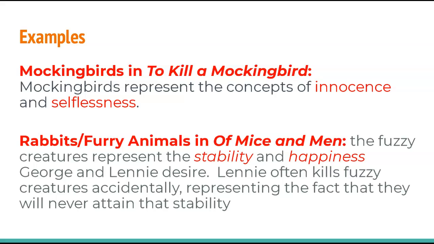If we develop that a little bit more, we see that Lenny often kills the fuzzy creatures accidentally, representing the fact that that kind of stability is not within their reach. So by looking at the way that those motifs are dealt with in the story, we begin to understand the themes.